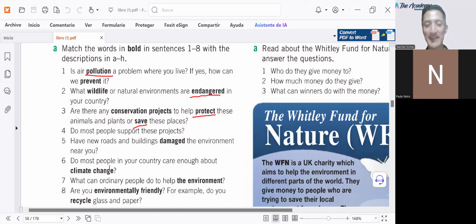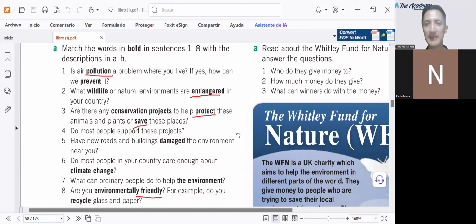And environmentally friendly, have you seen that expression? Friendly, amigable, con el medio ambiente. Environmentally friendly. Right?